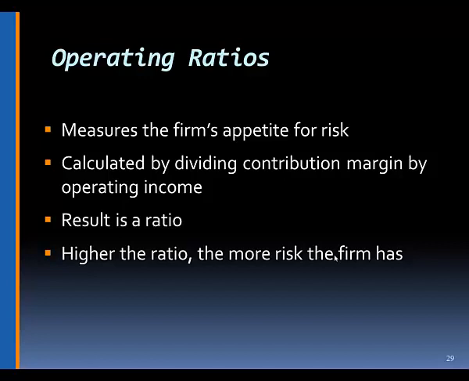We calculate the operating ratio by dividing the contribution margin in total dollars by the operating income in total dollars. This results in a ratio, an absolute number. The higher the ratio, the more risk the firm has. This means it is more levered.